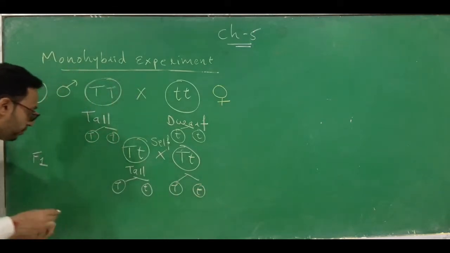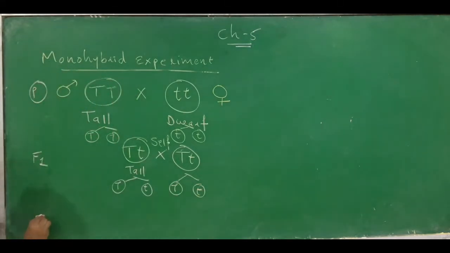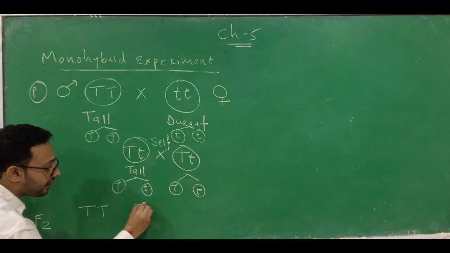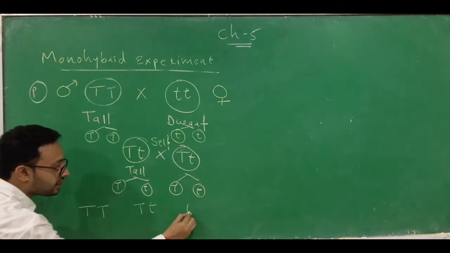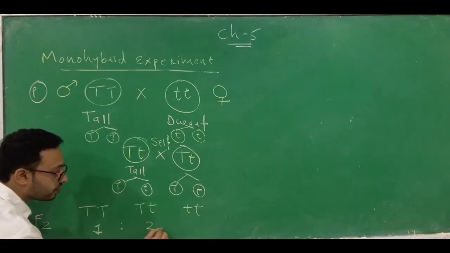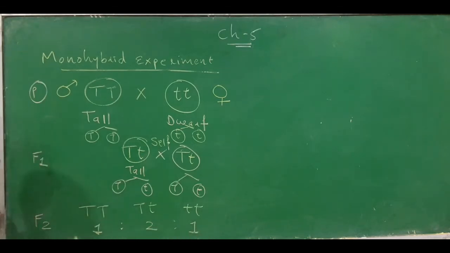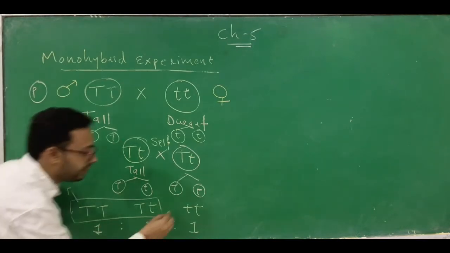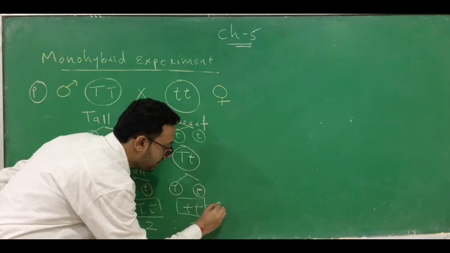In the F2 generation, filial generation 2, he obtained 4 results: capital T capital T, capital T small t, capital T small t, and small t small t, in the ratio of 1:2:1. The plants with capital T were tall, and the small t small t plant is a dwarf.